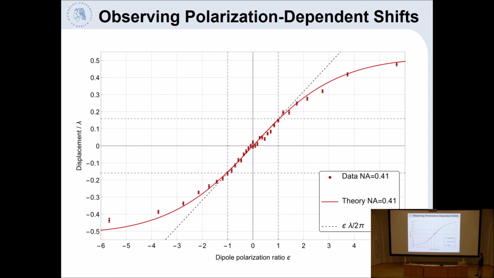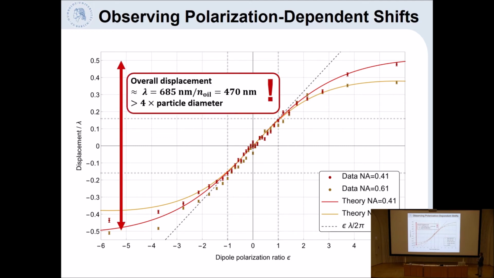And we also did an experiment to show that the shift within this range here is independent of the numerical aperture. We did the same experiment with a numerical aperture of 0.6, and you again see that the shift is nicely linear and described by this very simple expression here. And I would like to stress that here the overall displacement from one extreme to the other is 470 nanometers. Okay, this is 4 times the particle diameter.